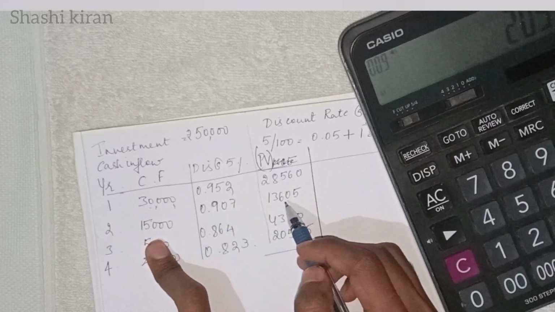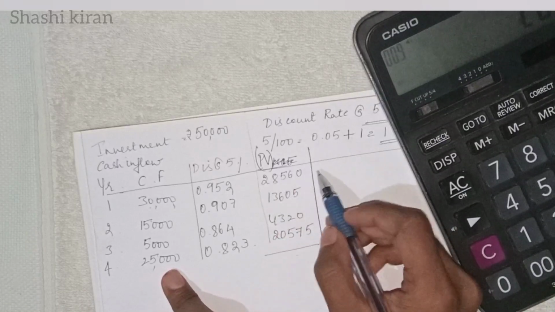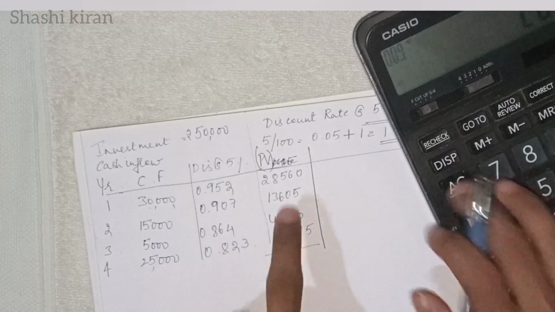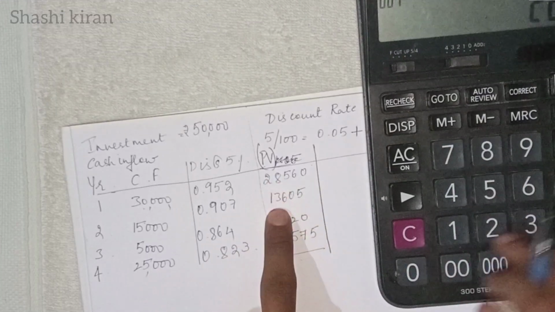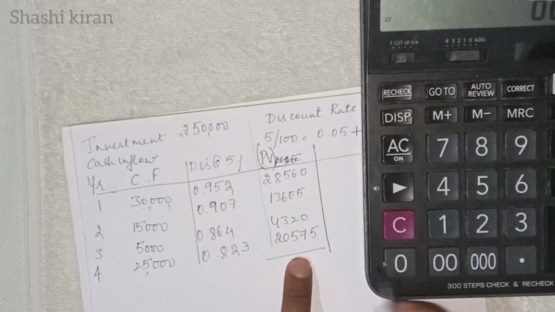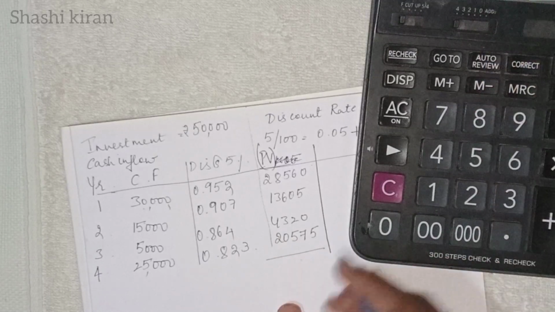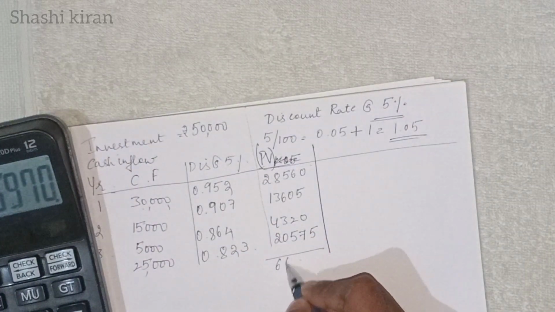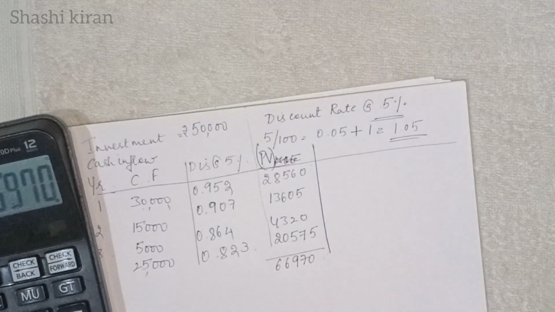Now we need to add all the present values. We will get a total present value. So let us start doing that. If we add all these figures, we will get 66,970.